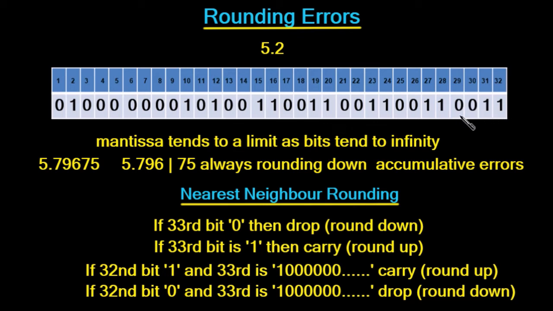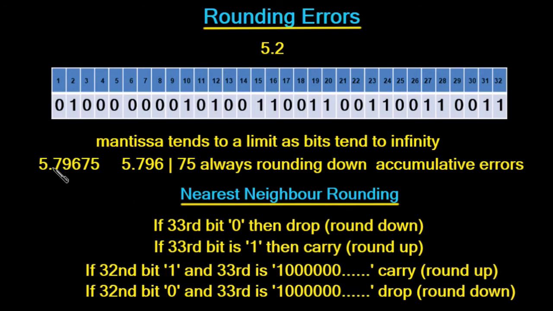And as the number of bits tends towards infinity, the value here will tend towards a constant value. But we only have 23 bits in the mantissa in order to write that value down. So what we've done previously is just chop off the last bits. So after bit 32, bit 33 and onwards just gets chopped off. So in effect this is like continually rounding down.